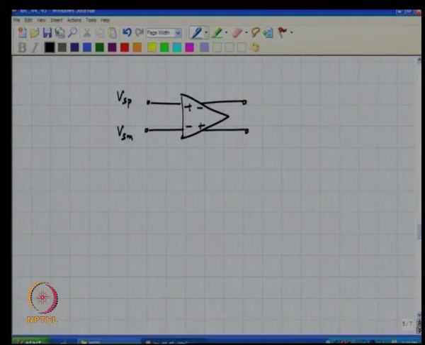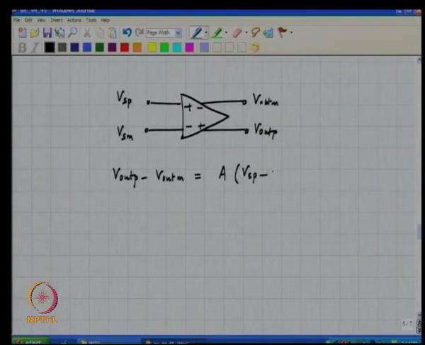So the sample and hold output goes here, and we want Vout P minus Vout M to be equal to some gain, hopefully as large as possible, times VSP minus VSM.